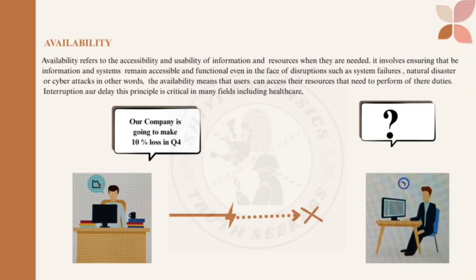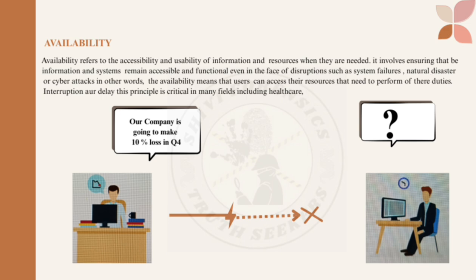Now about availability. It refers to the accessibility and usability of information and resources when they are needed. It involves ensuring that information and systems remain accessible and functional even in the face of disruptions such as system failures, natural disasters, or cyber attacks.